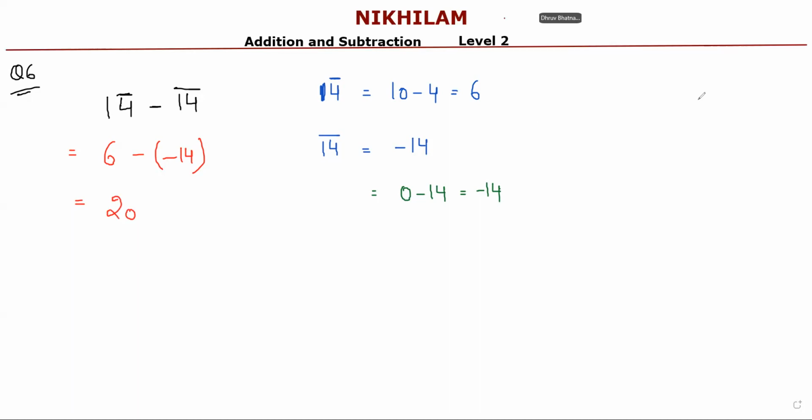Now, this is level number 2, where we have discussed addition and subtraction of the bar and how you are going to apply the same fundamentals in level number 3. We'll go step by step, but for now, these are 6 questions.